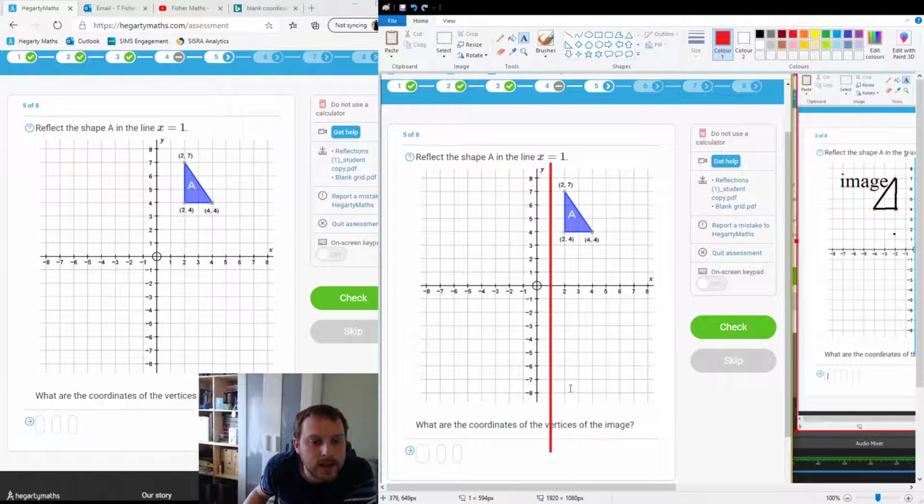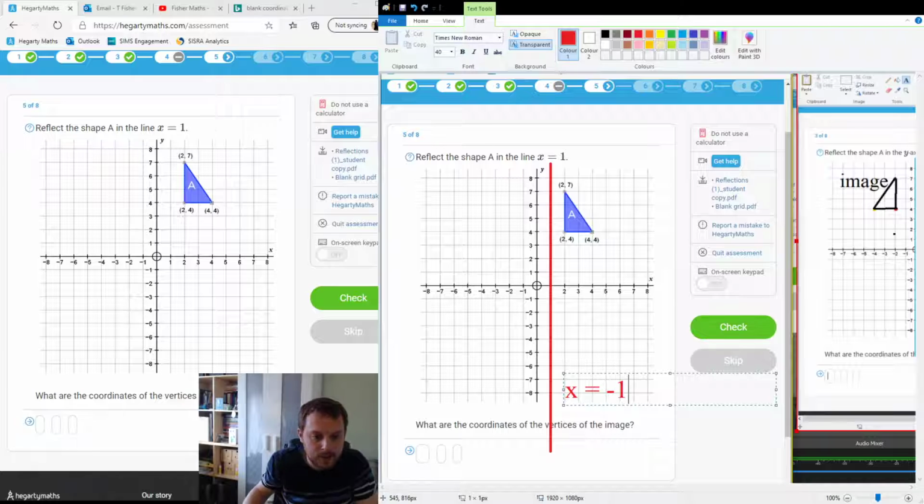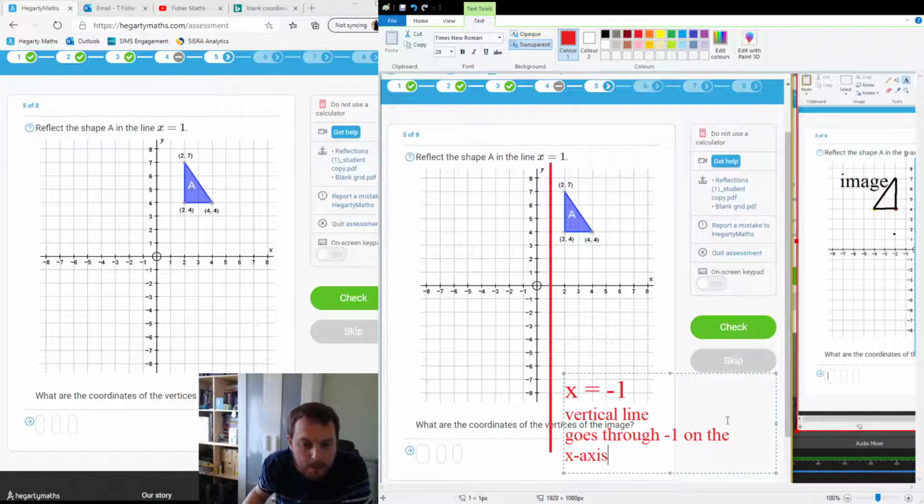So this is the line x equals minus 1. Okay, and just for the record, just so we keep in these notes, this is a vertical line going through minus 1 on the x-axis.